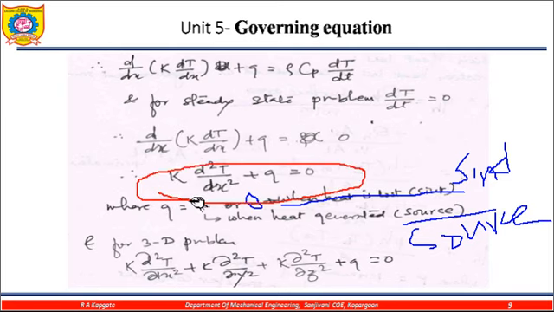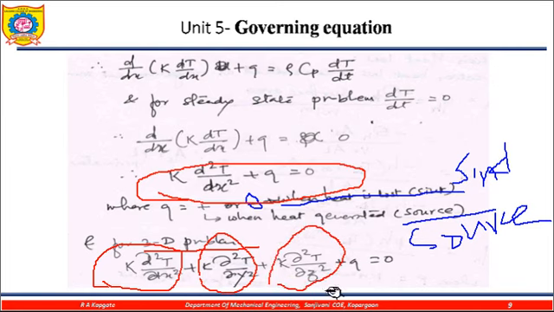Hence this is my differential equation for the steady state heat transfer problem for 1D. Now if we take the 3D problem, then the formula looks like this: k into d square T upon dx square plus k into d square T upon dy square plus k into d square T upon dz square plus q is equal to 0.